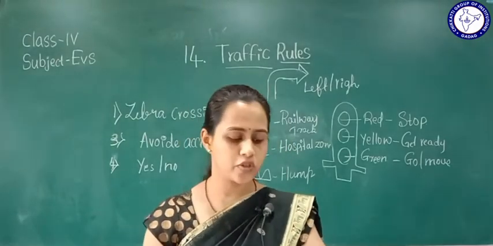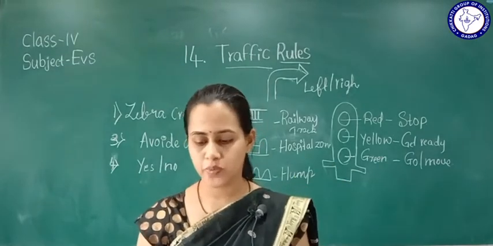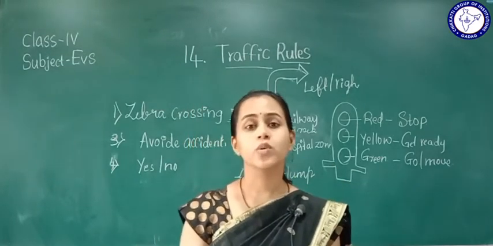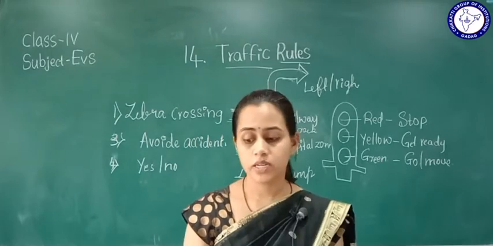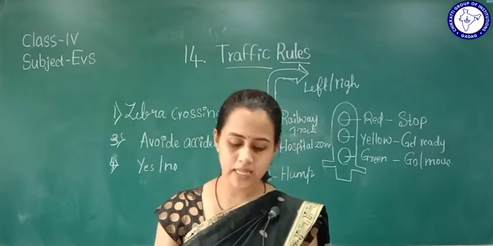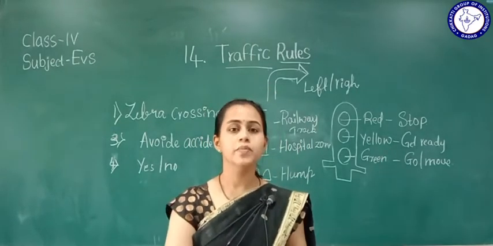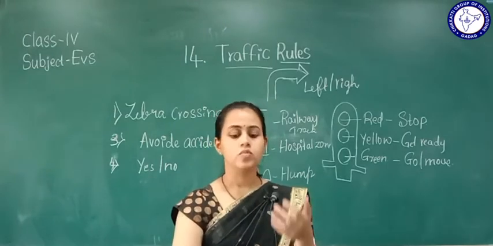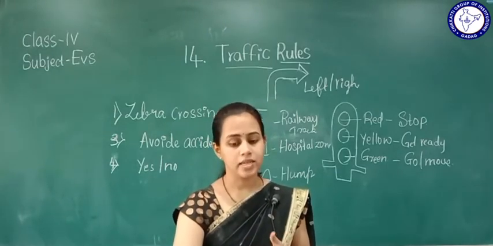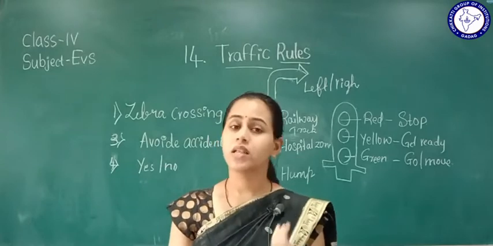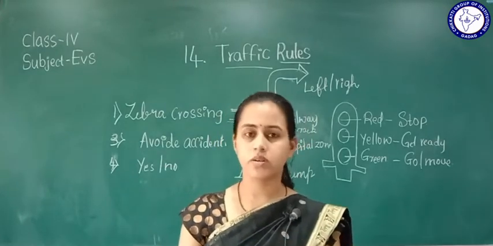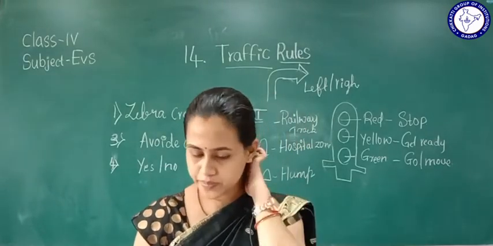So here we should write what are the advantages, right? So here it will avoid what? It will avoid accidents from vehicle to vehicle, and it will avoid accidents between vehicle and the pedestrian, right, from the people, right?